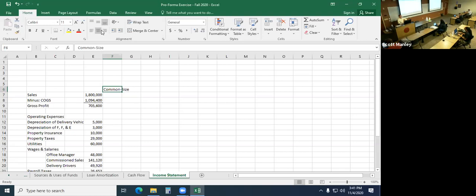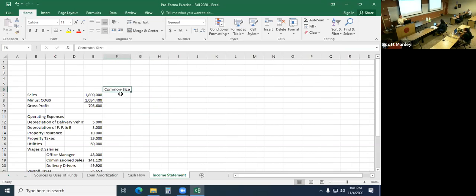When I use the term common size, what I'm really saying is I want to compare the numbers to another number, okay? This is where your industry standards will really come in handy, okay? On the income statement, we compare everything on the income statement to sales. Okay, make sense? We compare everything to sales.